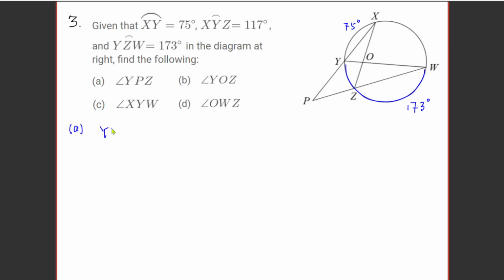First of all we have arc YZ is given by arc XYZ subtracted by arc XY, right? And this gives us 117 degrees minus 75 degrees, which is 42 degrees.